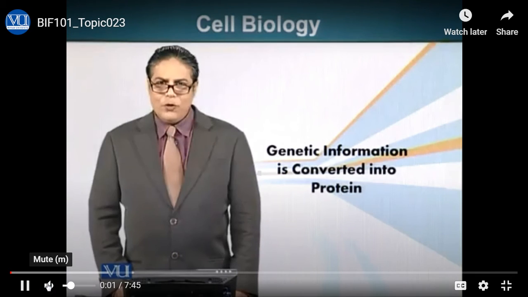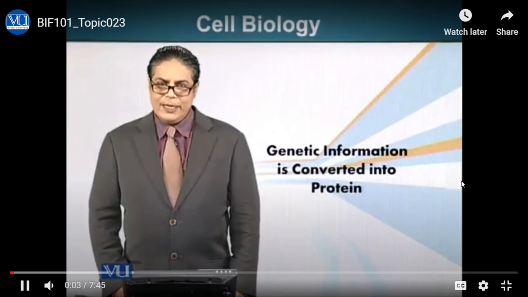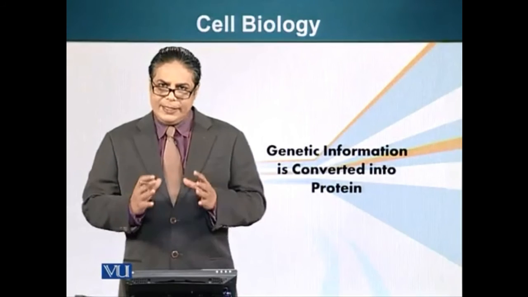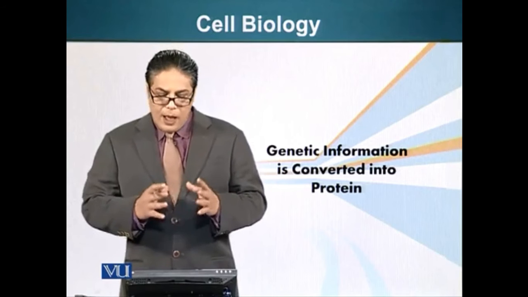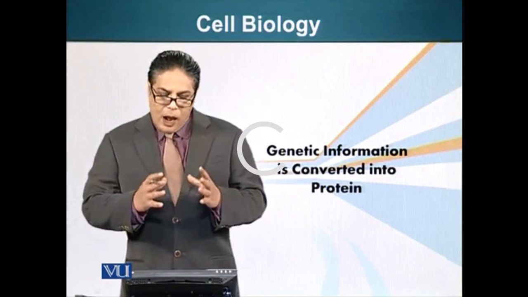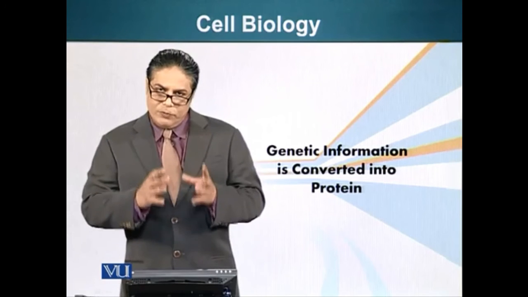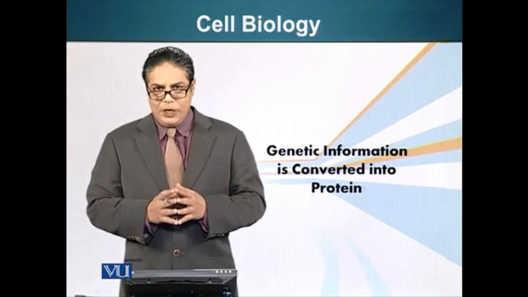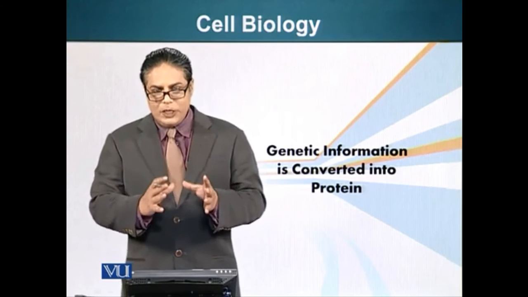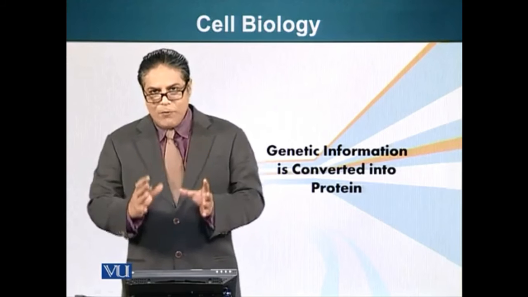So far we have discussed that DNA carries the genetic information in the form of nucleotide sequence. How is this genetic information communicated to the rest of the cellular machinery? How does genetic information influence the functioning of a cell?